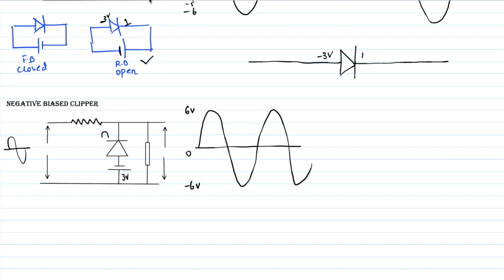Whatever this voltage supply is, the current will not flow across this diode because it is open. All the current will flow across the output resistor, so you will get an output.